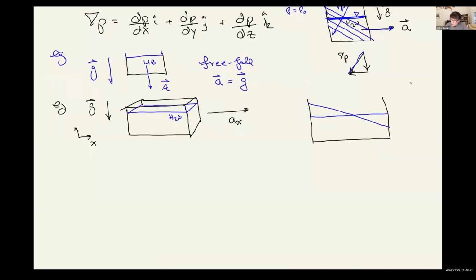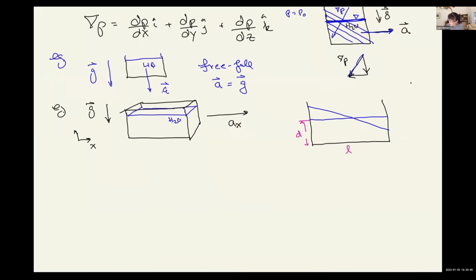Okay, so we might consider this practical question. So if this distance is d, the depth that you fill the tank, and you have dimensions, let's say here we have the length of the tank, L, and then in this direction, the width of the tank, and maybe the overall height.